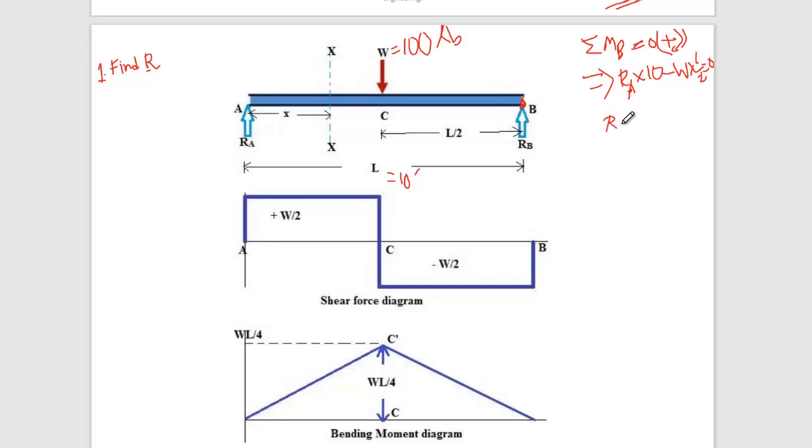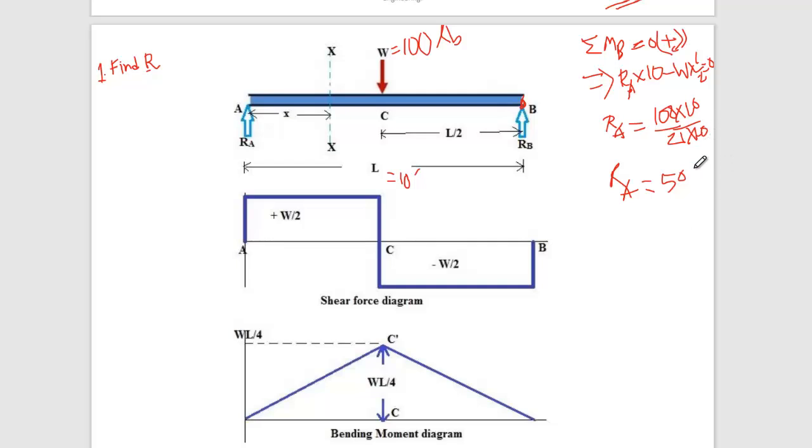So RA should be 100 divided by 2, since L by 2 is 5 and divided by 10. So RA should be 50. Right? Yes, sir.